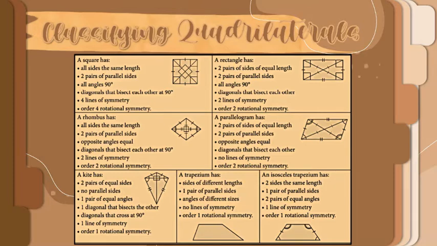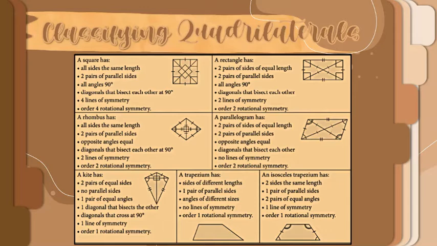A kite has 2 pairs of equal sides, no parallel sides, 1 pair of equal angles, 1 diagonal that bisects the other, diagonals that cross at 90 degrees, 1 line of symmetry, order 1 rotational symmetry.